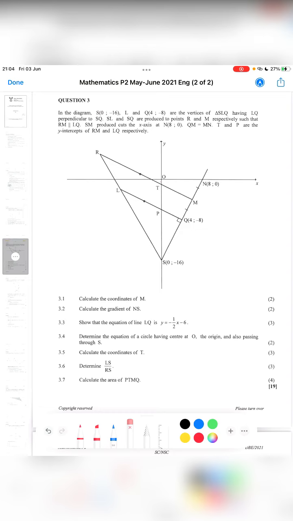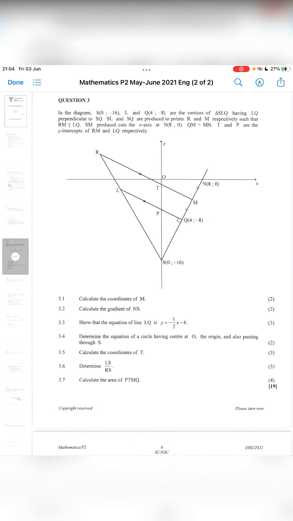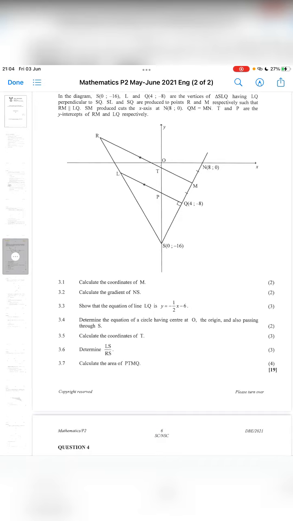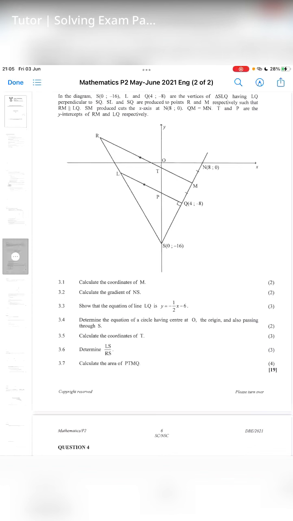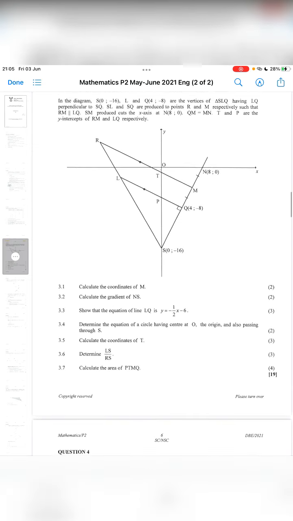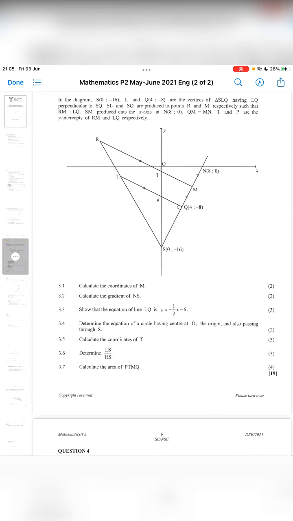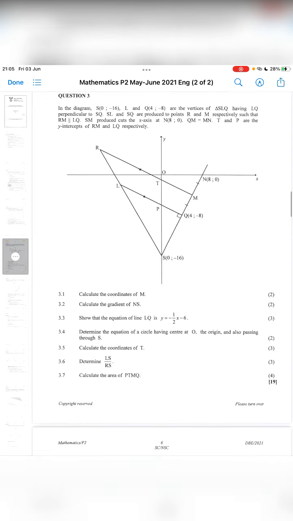Is there someone who wants to try 3.6 in terms of how you can approach that question? Remember, guys, if you've got no idea, just comment to say no idea, because we will be waiting.